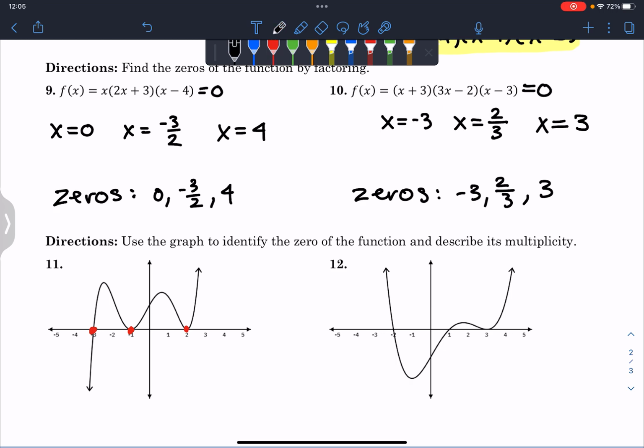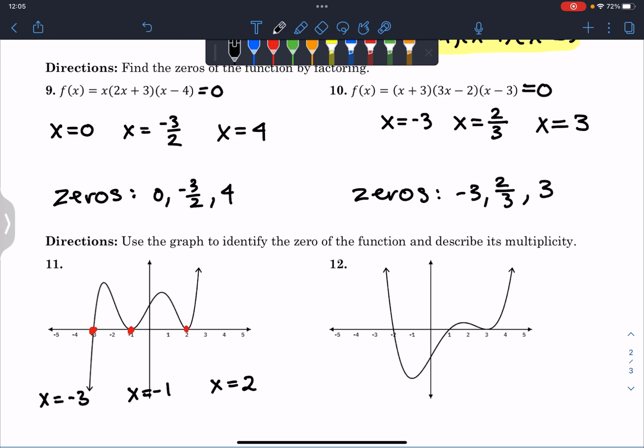So here we have that x equals negative 3, x equals negative 1, and x equals positive 2. And their multiplicity is going to be the number of times x can equal each one of these values. We're not going to determine the exact number. We're going to determine whether that number is going to be an even or odd value.